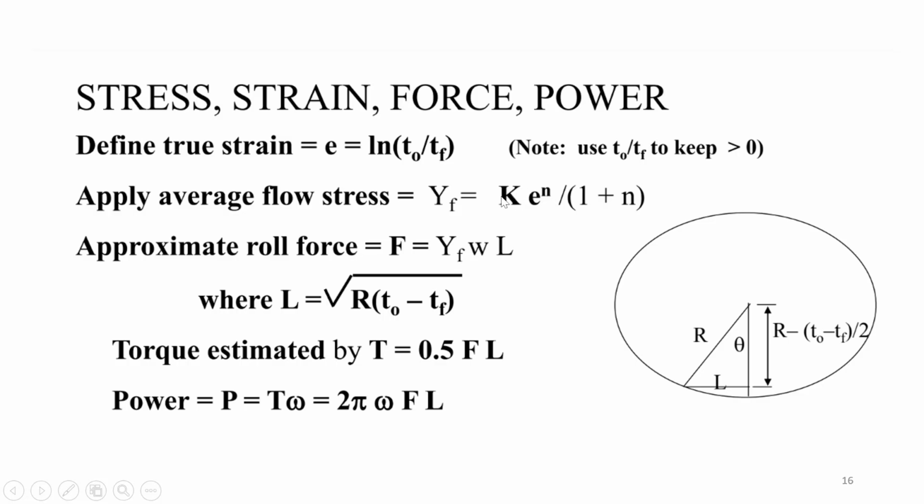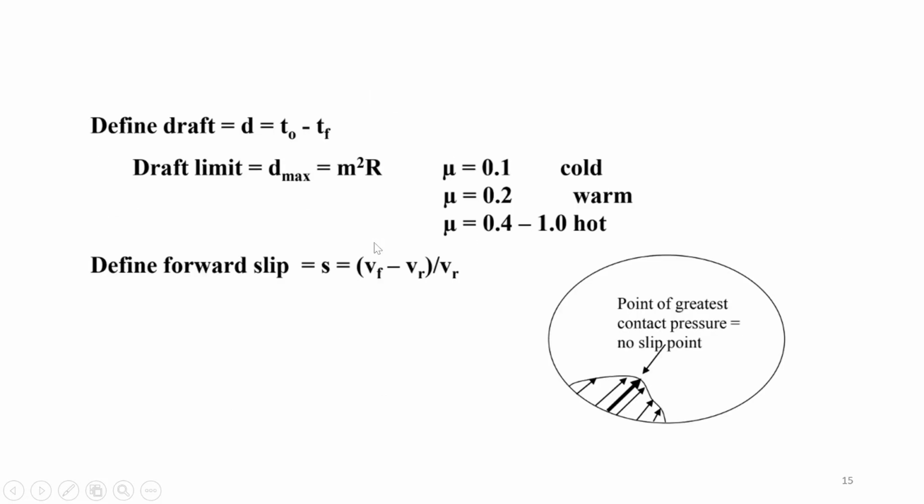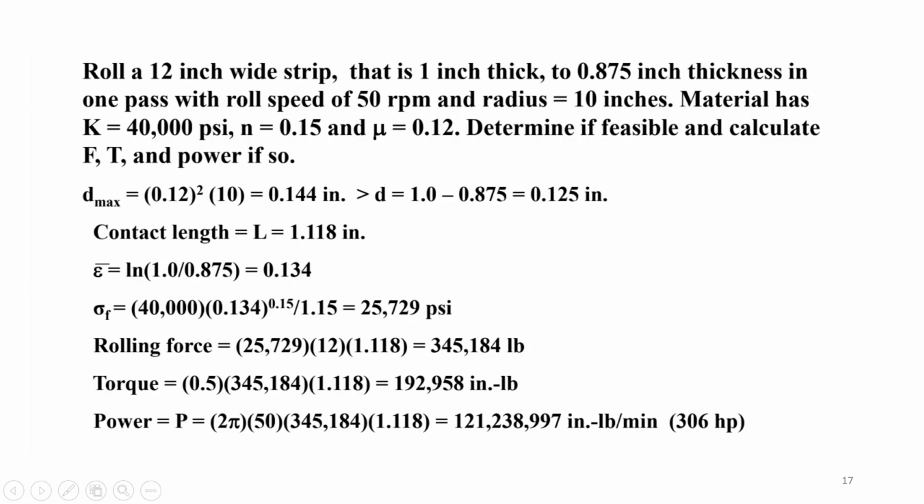K is your constant, epsilon is your true strain, and n will again be given. Okay, next you have to solve.